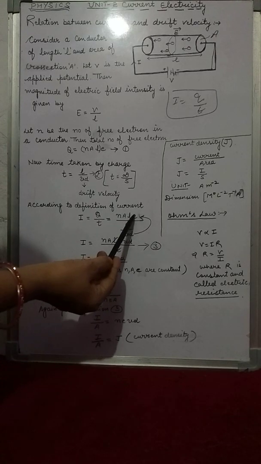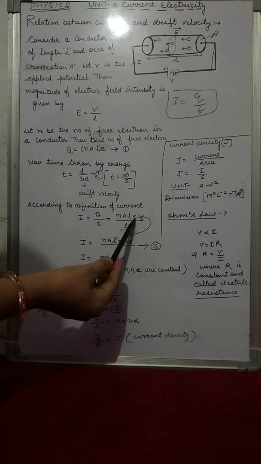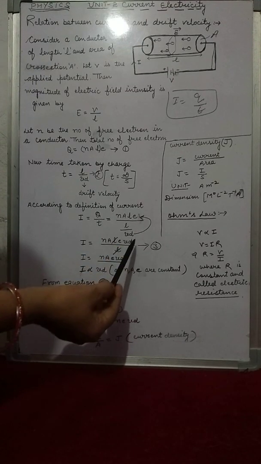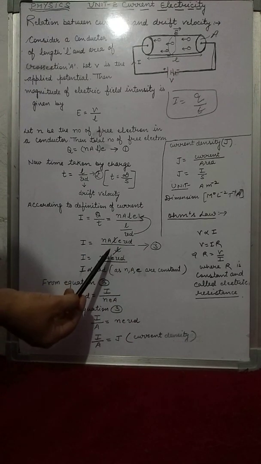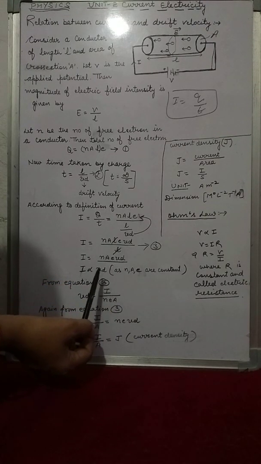This term will rotate to this side. We get I is equal to nALe into Vd upon L. Now this L with L cancels. We get I is equal to nAeVd.